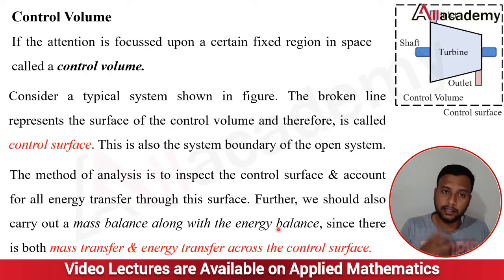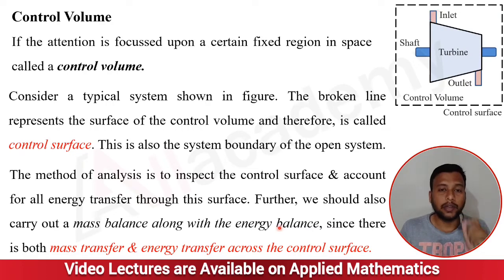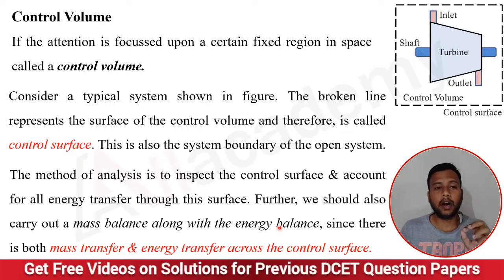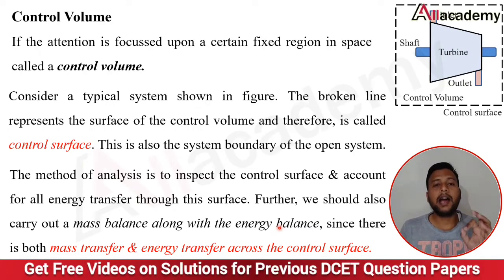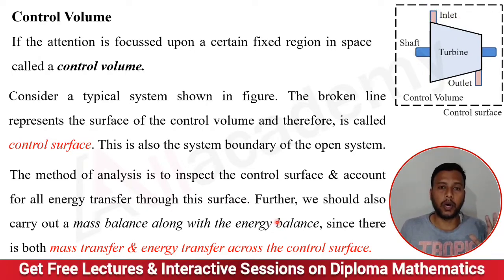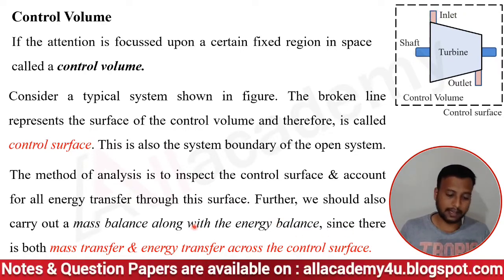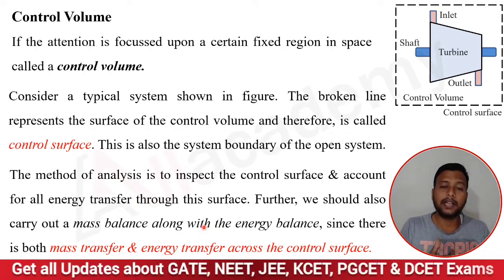So along with the other forms of energy interaction, we must concentrate on the two components, the mass balance as well as the energy balance, while analyzing the control volume. Now, since there is both mass transfer as well as energy transfer across the control boundary, why do I have to balance the mass as well as the energy?